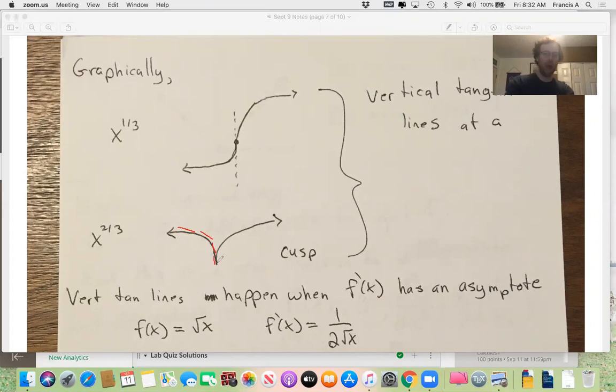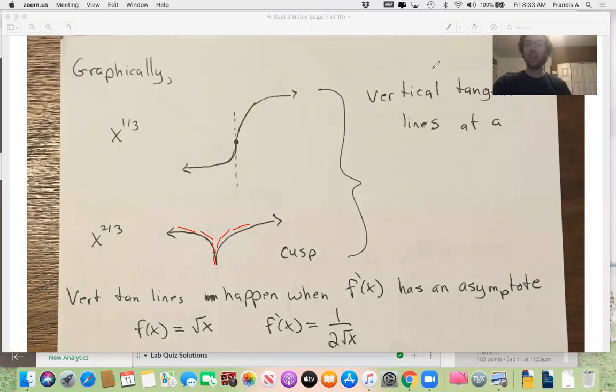And in fact, if you were at the bottom of this point and you tried to draw a tangent line, it would end up being vertical. And the same thing happens on the other side. As you draw these tangent lines, they get steeper and steeper. And as you're moving in, you end up having a tangent line that's vertical.